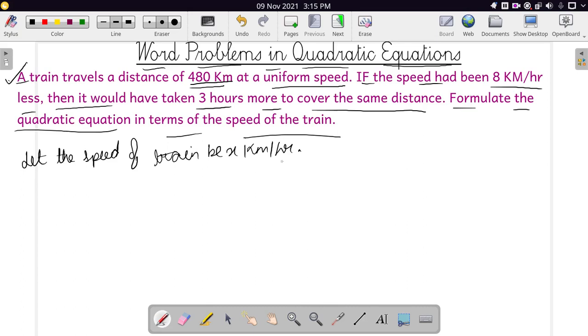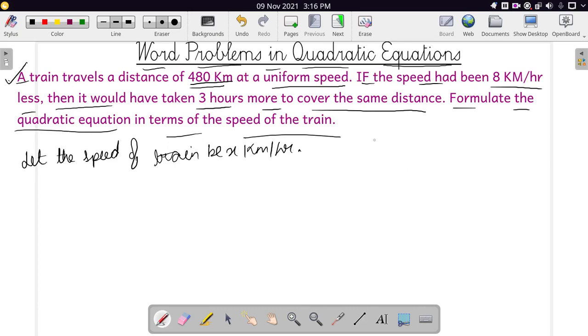Suppose somebody completes the entire question, writes the equations, finds the value of x and gets the answer, but the writing part is not proper, then marks will be deducted, because these questions are word problems, and in word problems the tense that we use, the way we write the entire question, is very important. So first, let the speed of the train be x kilometer per hour.